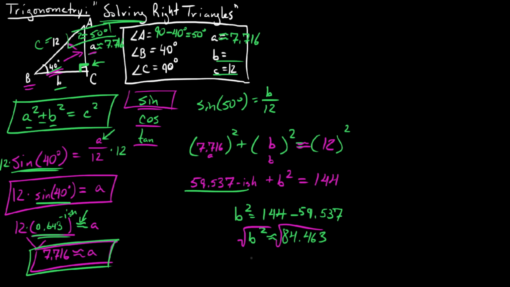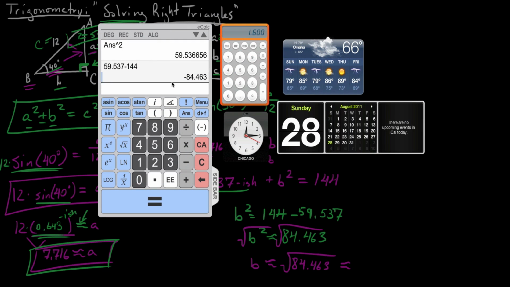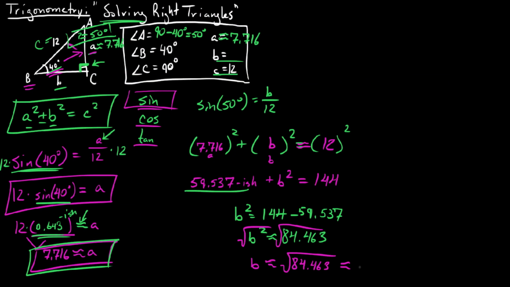So now, taking the square root of both sides, b is approximately equal to the square root of 84.463, which again I would not be able to look at you and say you're wrong, but we do want a decimal, so let's write the square root of 84.463 in quantity, and take a look at what we have. We get 9.190, and we are actually going to write that 0, 9.190, okay, ish. So now we've got b.